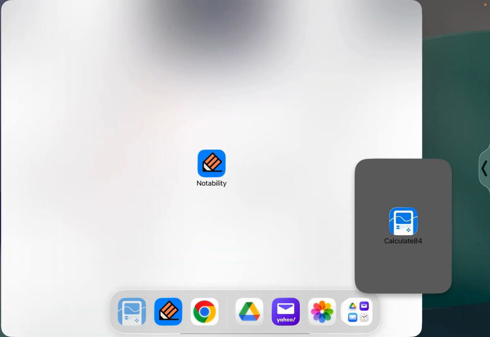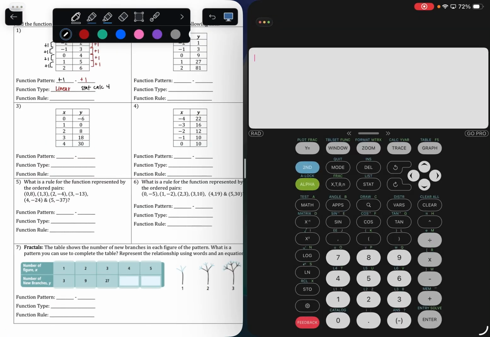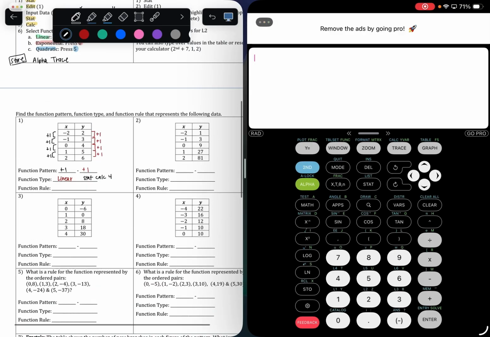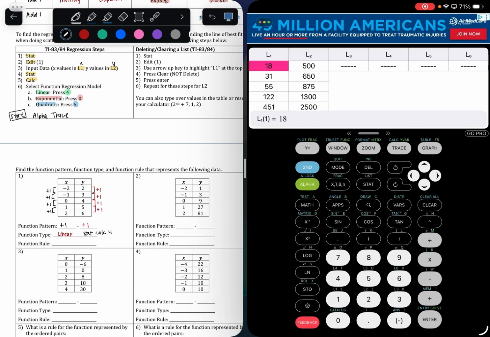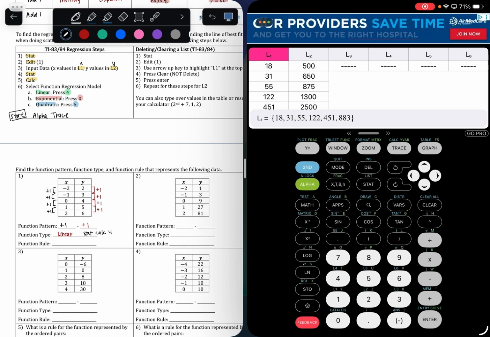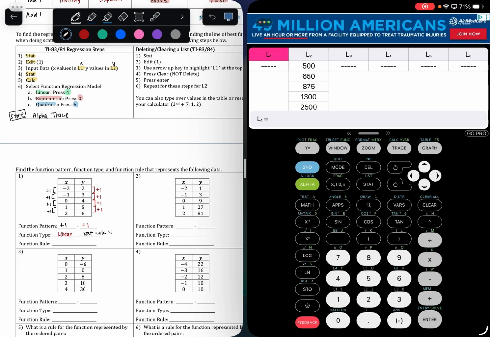So in your calculator, the first thing you have to press is stat edit. And then to clear your table, if you have something in there, highlight L1 and press clear, and then you'll have to press enter. And then in L2, press clear, then enter, and it will clear your table.